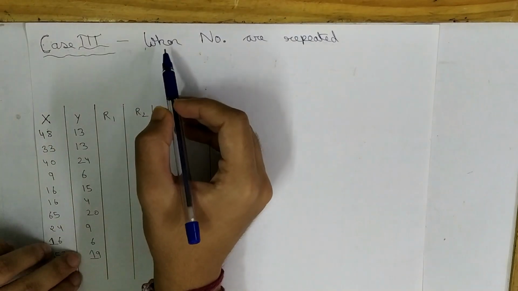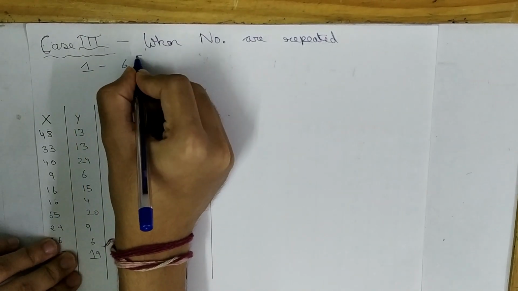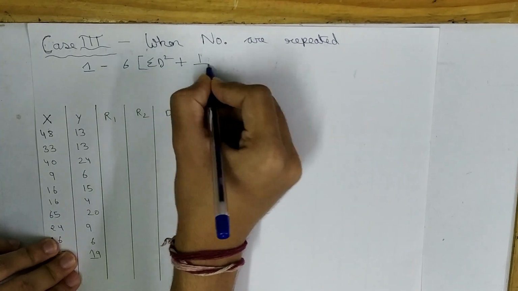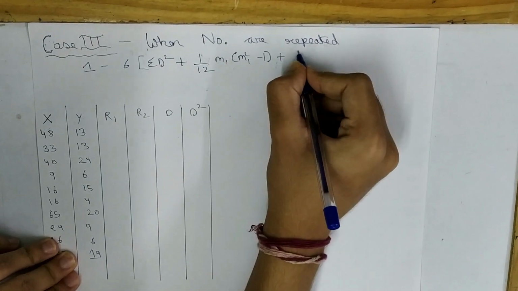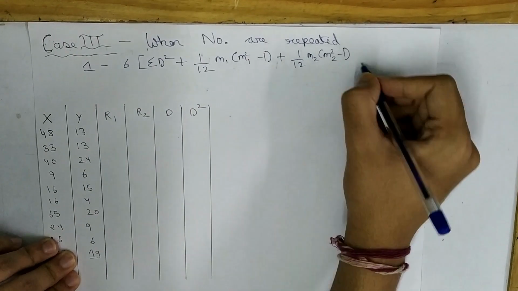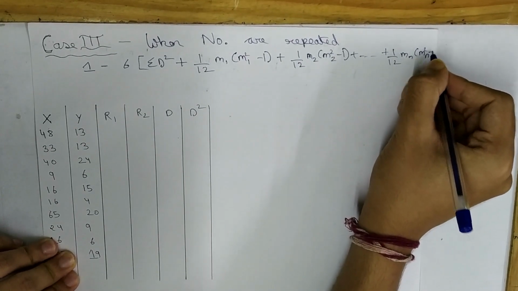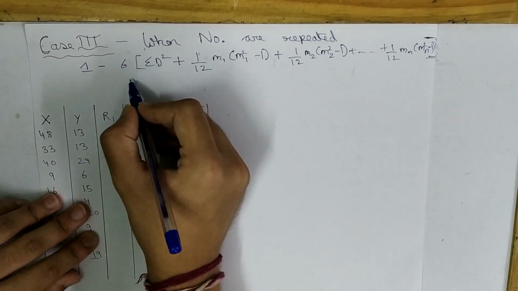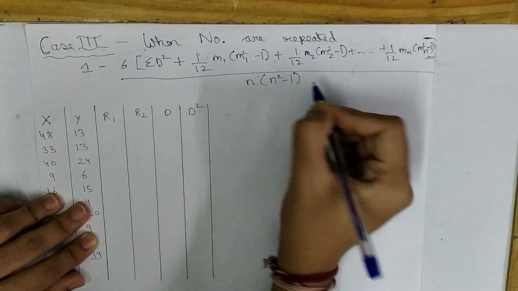Now move on to case 3. Case 3 is when numbers are repeated. The formula for this is 1 minus 6 times sigma D square plus 1 upon 12 m1 into m1 square minus 1, plus 1 upon 12 m2 into m2 square minus 1, and so on, up to 1 upon 12 mn into mn square minus 1, all upon n square minus 1.